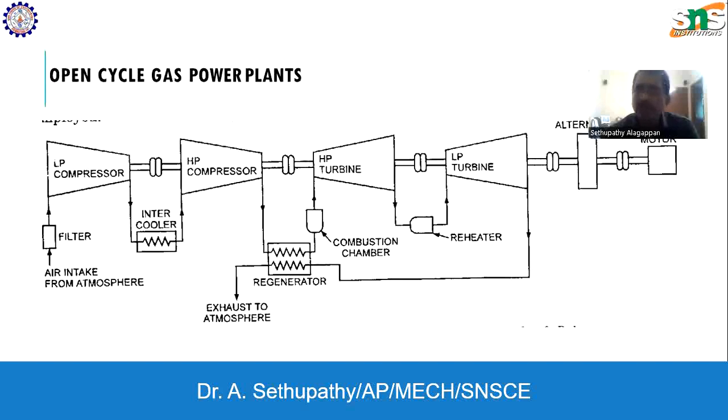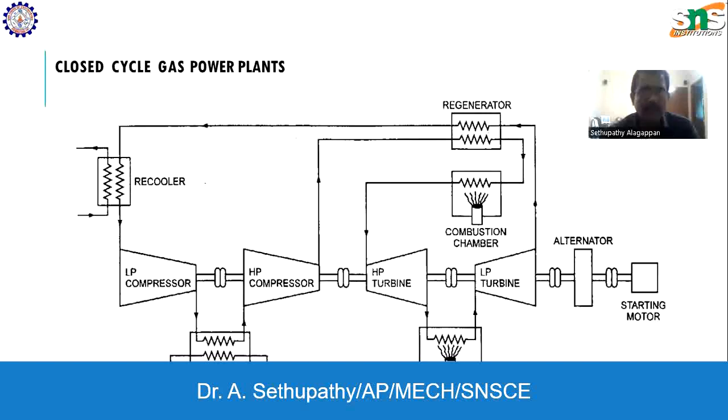There are two types of gas turbine plants we use. One is the open cycle gas power plant and the other is the closed cycle gas power plant. In open type gas power plants, the regenerator is coupled with the high pressure compressor and high pressure turbine.